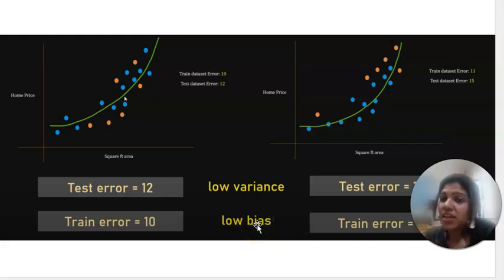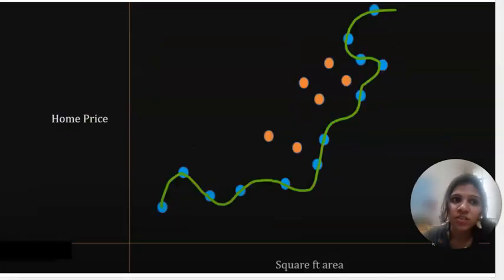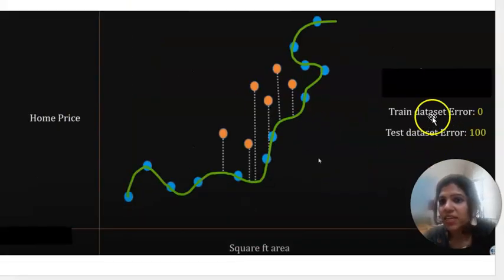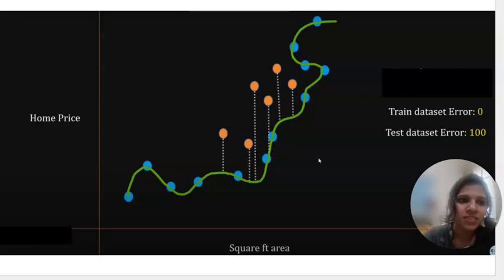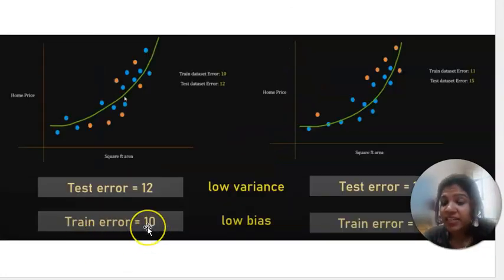Bias relates to train accuracy. In the initial method, train accuracy was 100 and train error was 0. But here, sorry, I said train accuracy, no, train error is 10. That is very low. Even though there is some error, it is manageable.